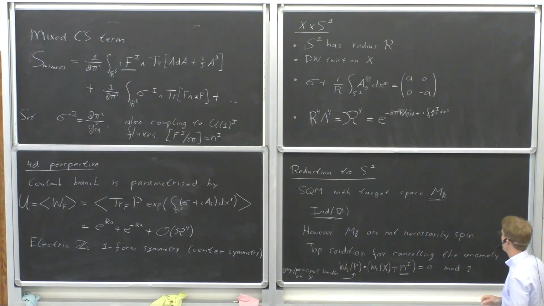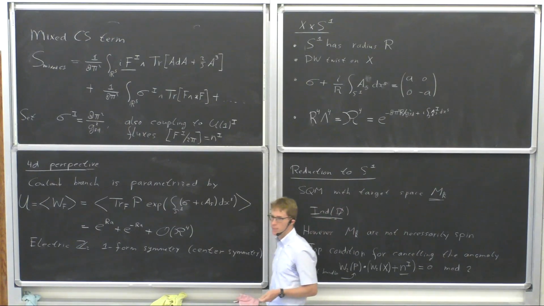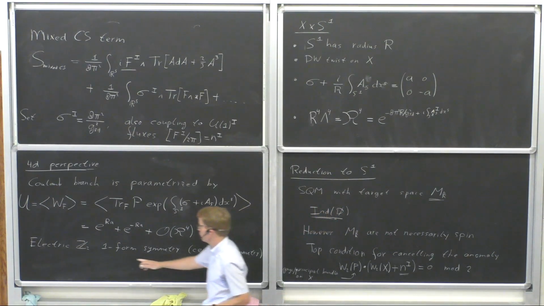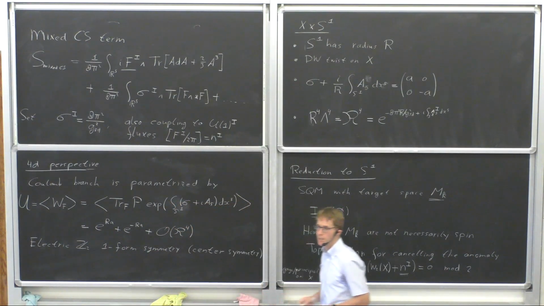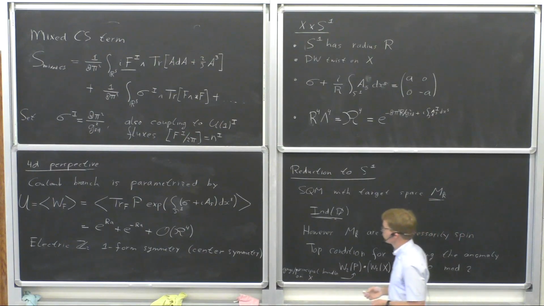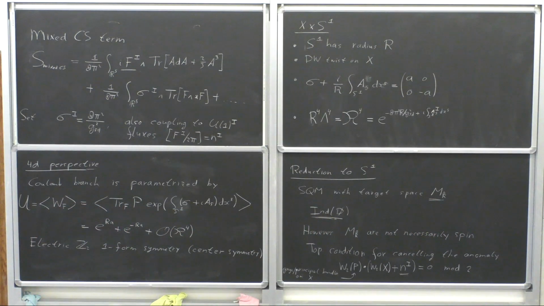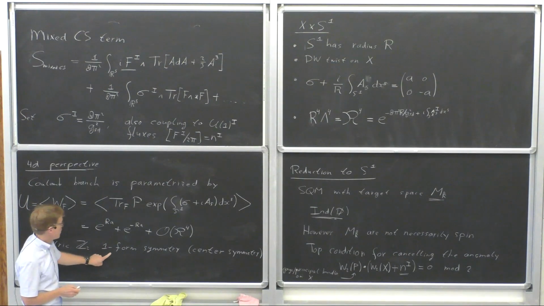Then we also have an anomaly in the 4D case. I will actually say something about it now, because it is related to this one-form symmetry.